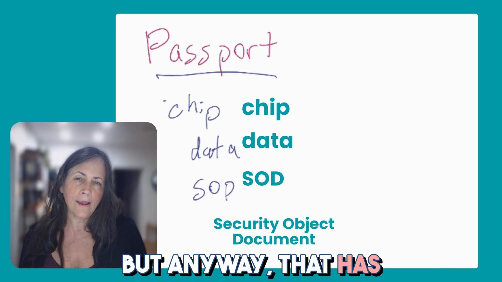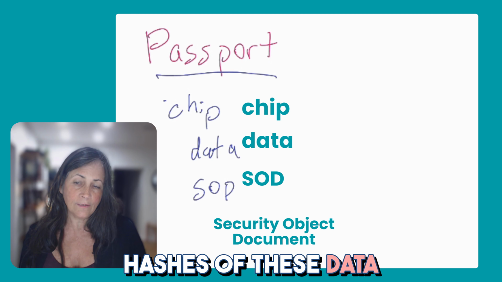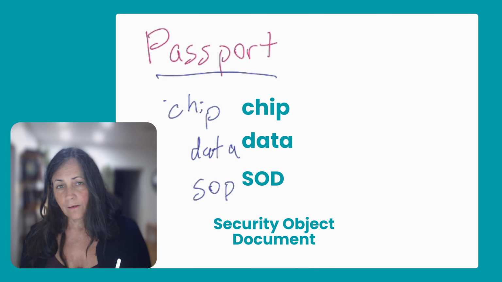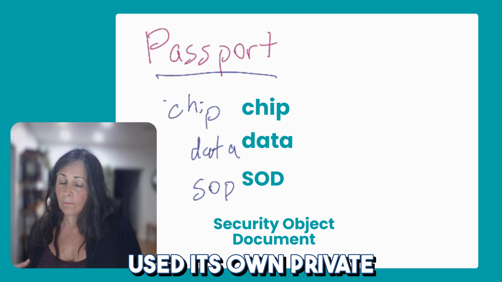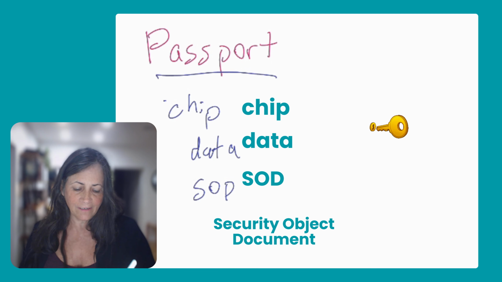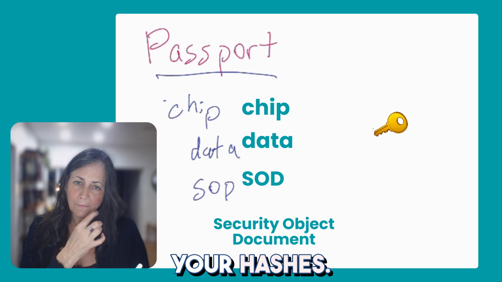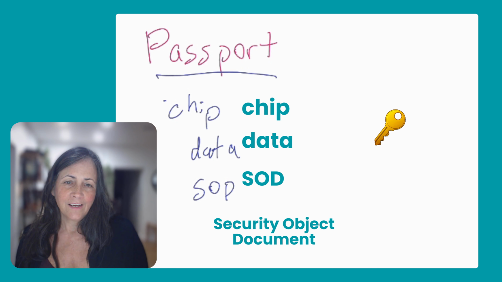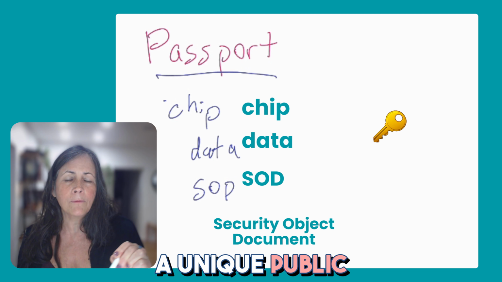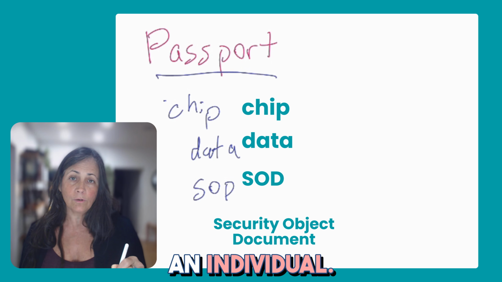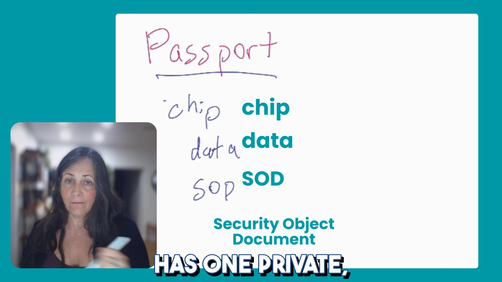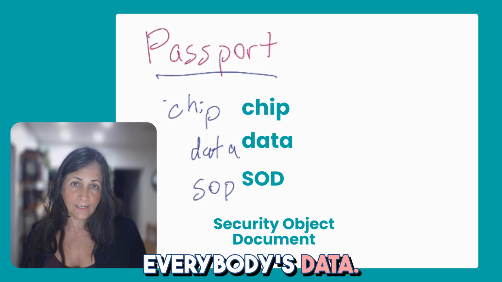But anyway, that has hashes of these data elements, and it has the signature where the government used its own private-public key pair. It used its own private key to sign your hashes. So you don't have a unique public-private key pair as an individual. The government has one private key, and they use it to sign everybody's data.